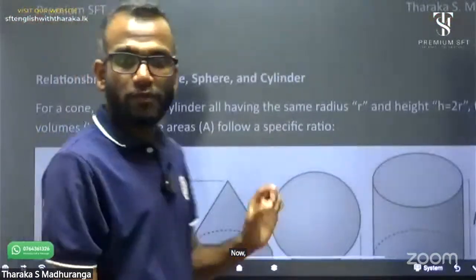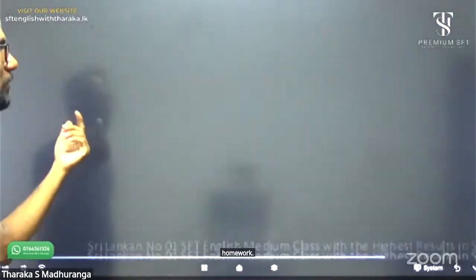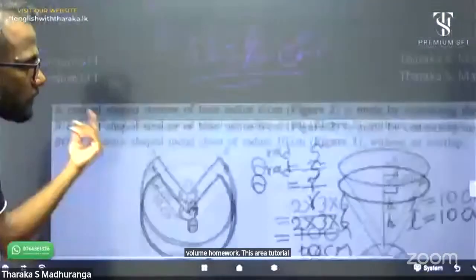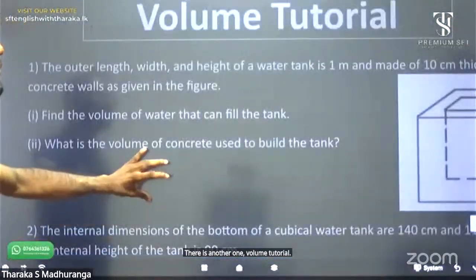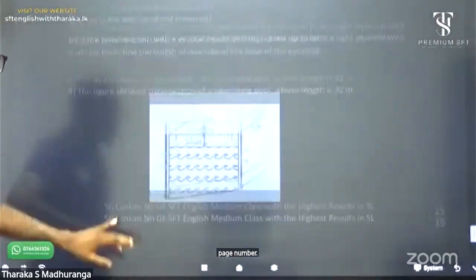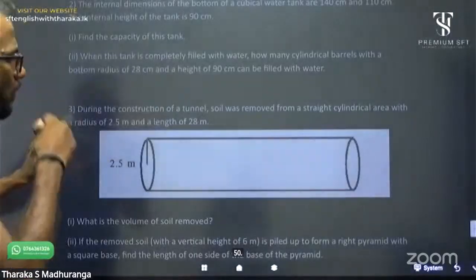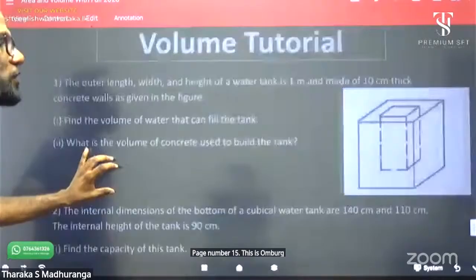Now you have volume homework. The area tutorial we already discussed. There is another one, a volume tutorial, page number 15. This is homework, very simple questions.